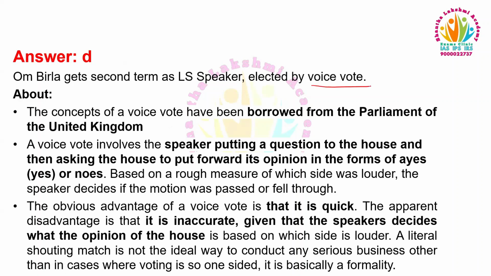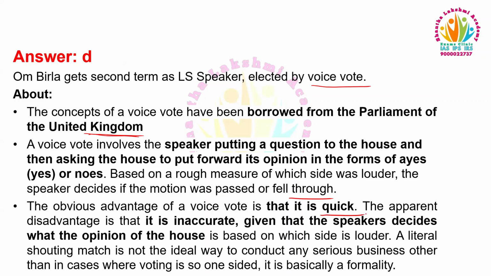About this, the concept of a voice vote has been borrowed from the Parliament of the United Kingdom. The voice vote involves the Speaker putting a question to the House and then asking the House to put forward its opinion in the form of yes or no, based on a rough measure of which side was louder. The Speaker decides if the motion was passed or fell through. The obvious advantage of a voice vote is that it is quick.